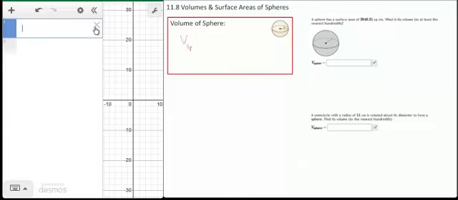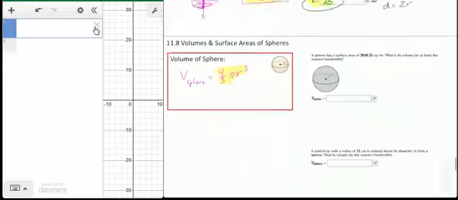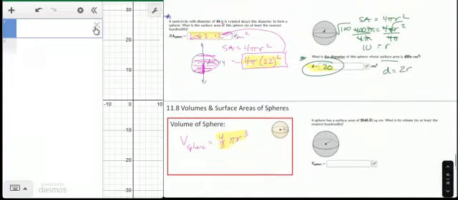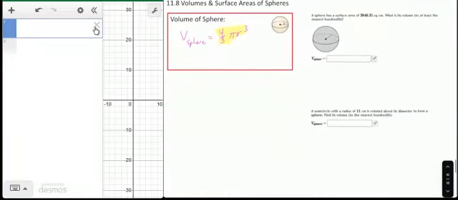But if you're looking for the volume of a sphere, it's 4/3 pi r cubed. Okay, a couple things to help remember that this is the case. Volume is a three-dimensional measurement, so the power of r is 3. Coming back here, surface area is a two-dimensional measure, so the power is a 2. And so that would be one way to help remind you which one belongs to which. Okay, but this is your volume equation for a sphere.